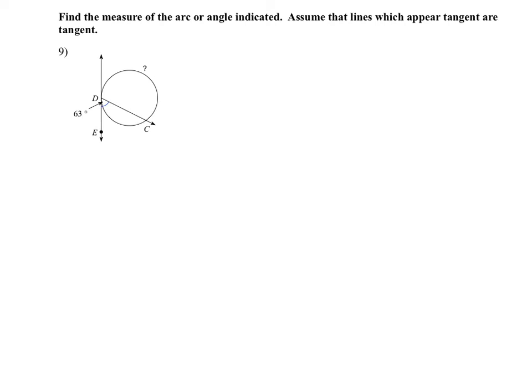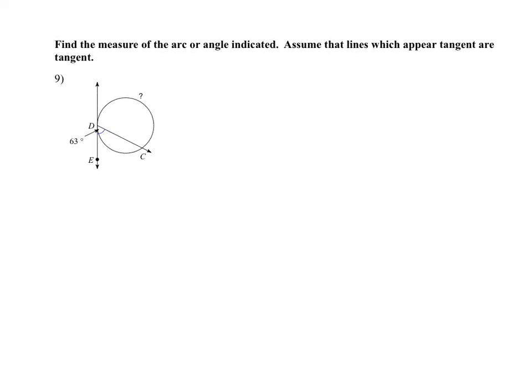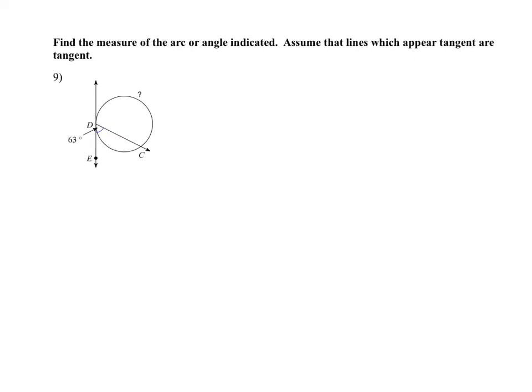So let's see this one. I want to find this measure. Again, it's telling that the lines which appear to be tangents are really tangent. So now I want to find this arc right here. First of all, I'm going to find arc CE. That is double 63, because if the angle is half of the arc, then the arc is double the angle.